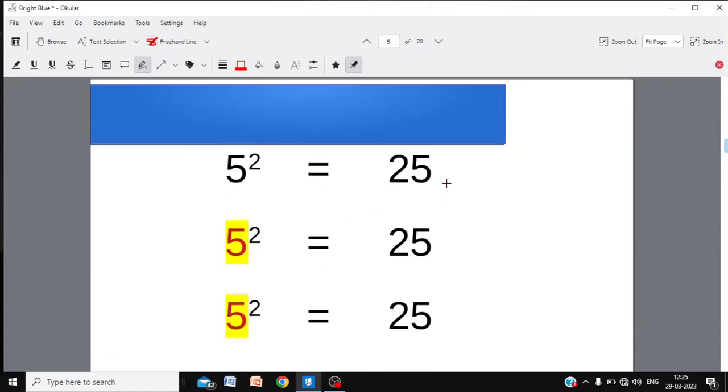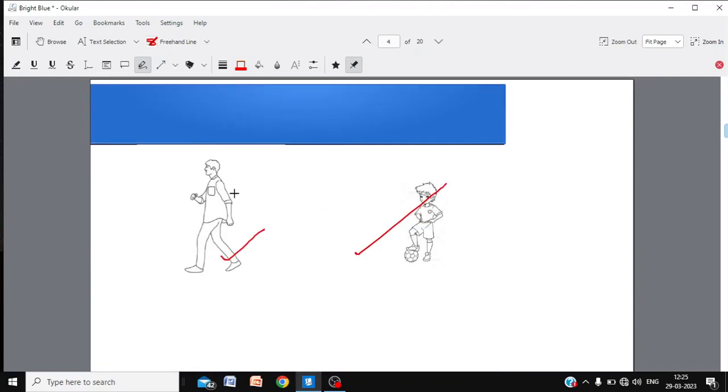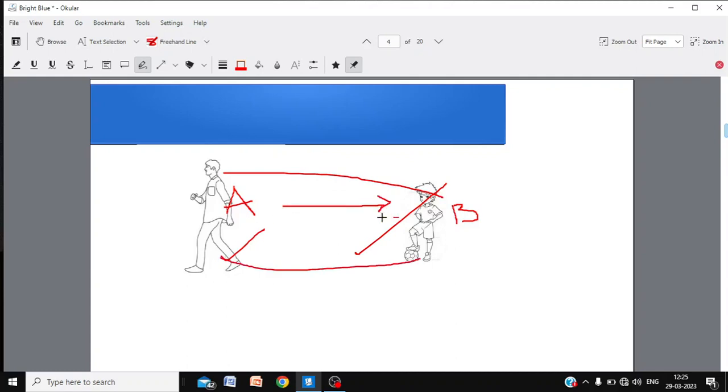Supposing this is A and this is B. When you start with A, you say A is the father of B. And when you start with B, you say B is a son of A. So A is a father of B and B is a son of A. Both mean the same thing, but it depends from where you start.